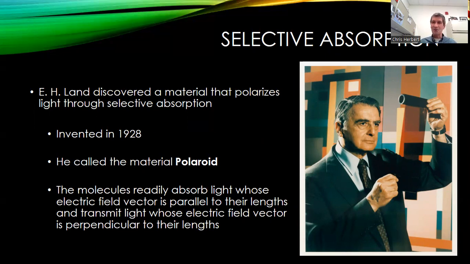That has nothing to do with polarization, but these instant cameras were really big, where you could develop your film instantly. In any case, he invented this in 1928, and he's actually holding one of these Polaroid materials.